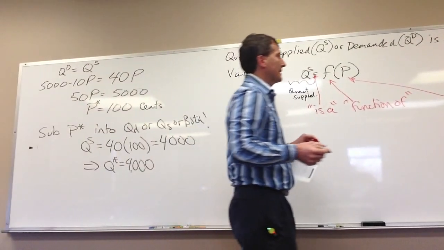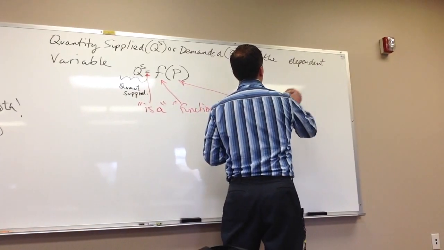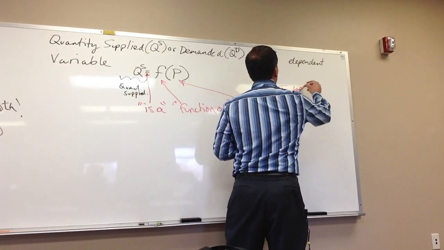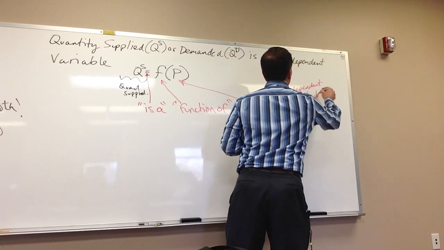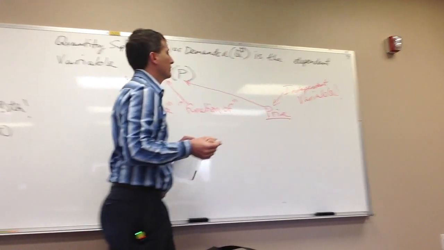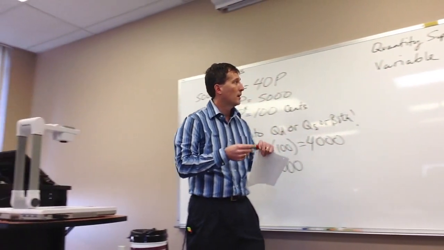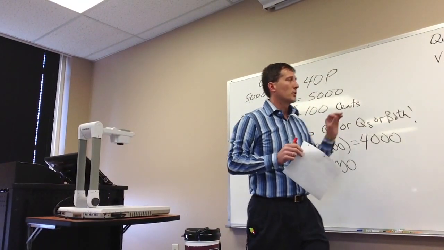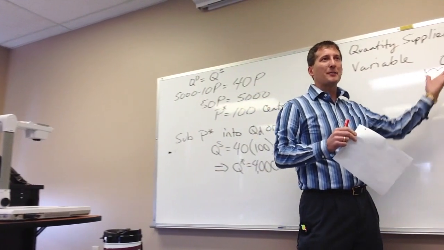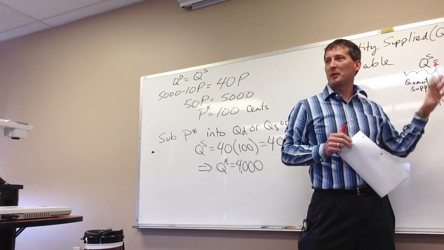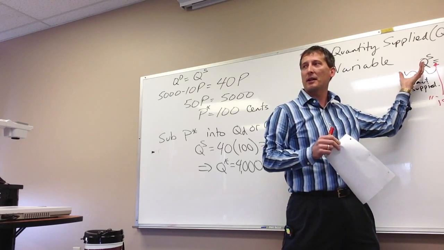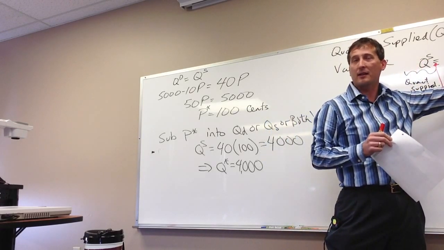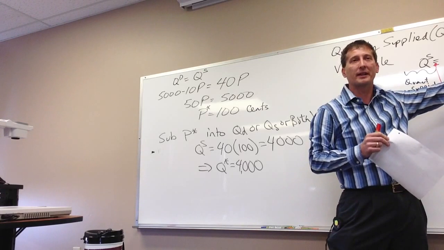So in other words, price is the independent variable. So when we think about the demand curve or the demand function, this is the story we're telling, is that, hey, people make decisions on how much they're going to bring to the market based on the price they think they're going to get, or the price that they're currently getting, actually.